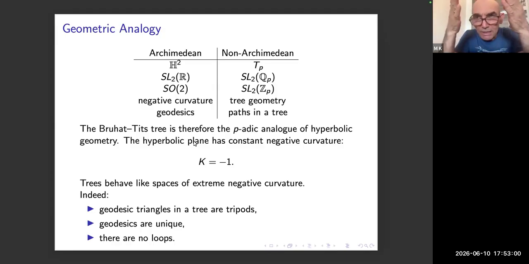In the hyperbolic plane, the sum of angles of a geodesic triangle is always less than pi. Here, the sum of angles is extremely less than pi, it is zero. So this is an extreme case of the hyperbolic plane, but nevertheless, it is a hyperbolic space.